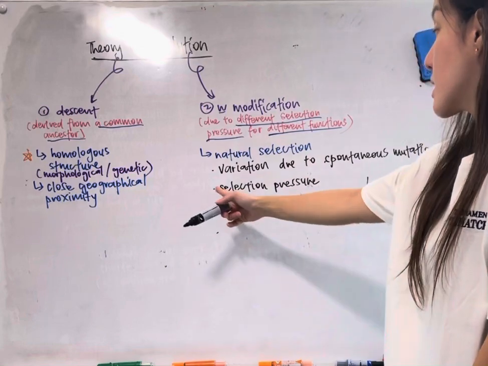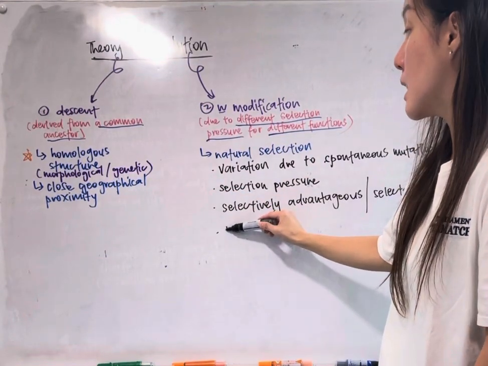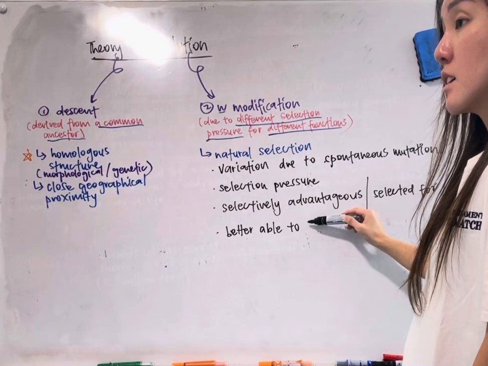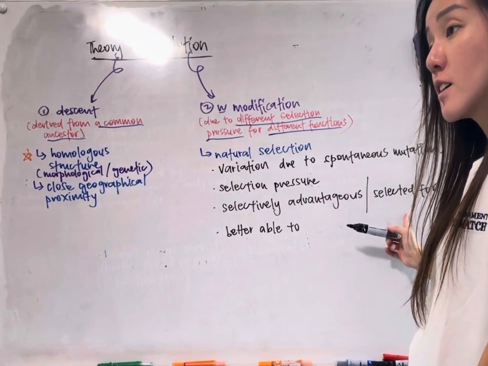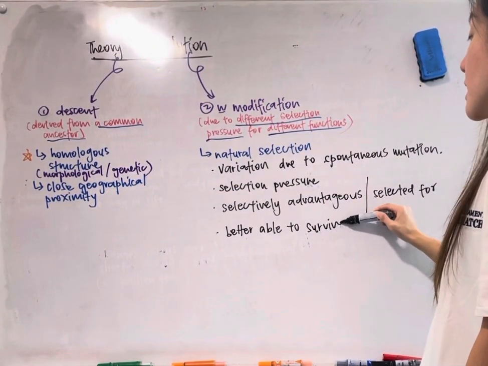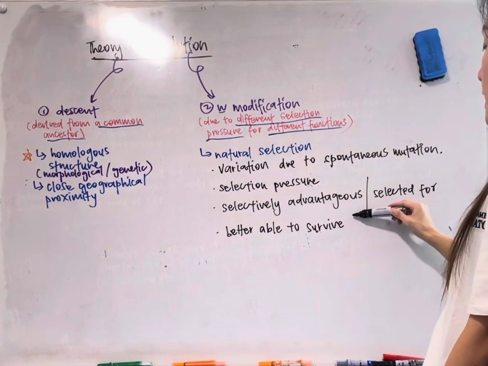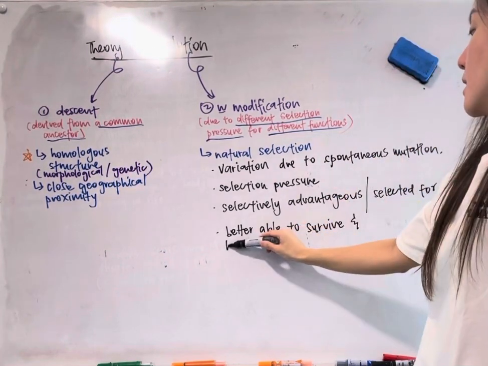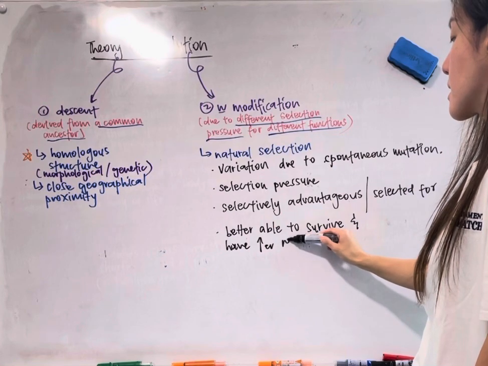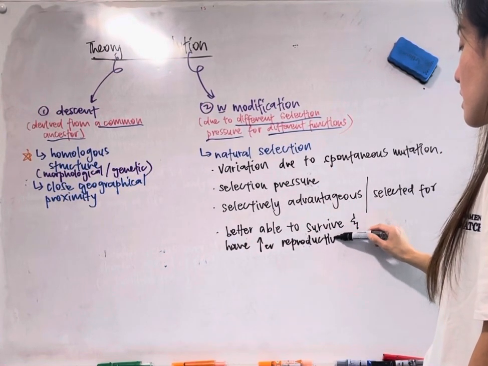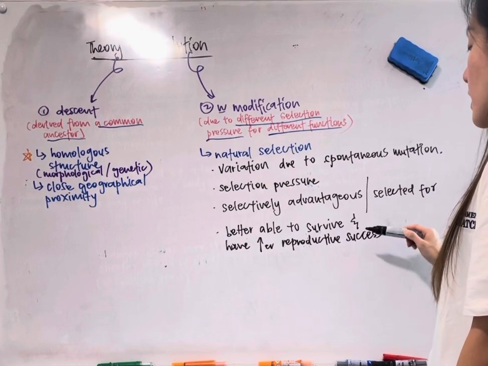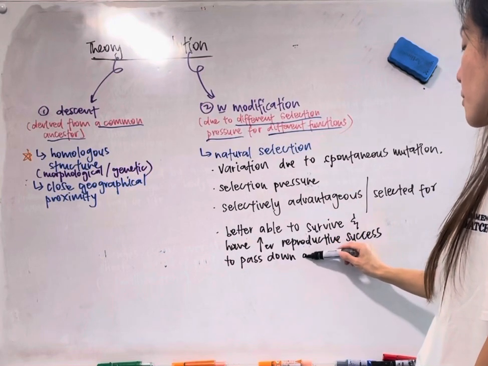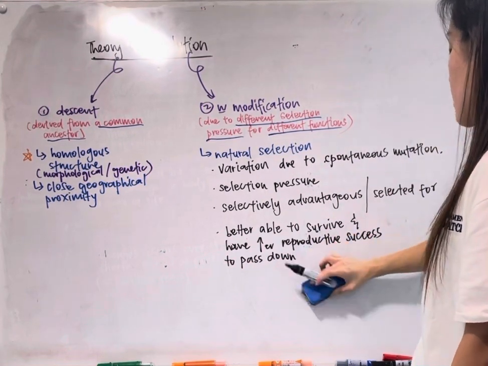All these traits are selected for, that means the individuals are better able to survive and reproduce, so they have higher reproductive success, to pass down traits. Don't just stop there. Always tell me they pass down whatever favorable alleles to subsequent generations.